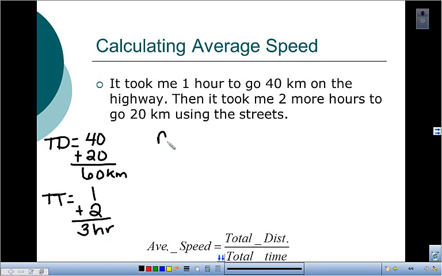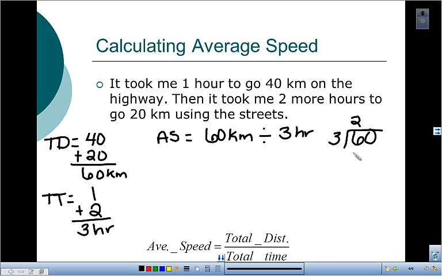So to find my average speed, I will do my total distance, which was 60 kilometers, divided by my total time, which was 3 hours. So I can do 60 divided by 3. 3 goes into 6 2 times. 3 times 2 is 6. That gives me 0. I bring down my 0. 3 will go into 0 0 times. 3 times 0 is 0.